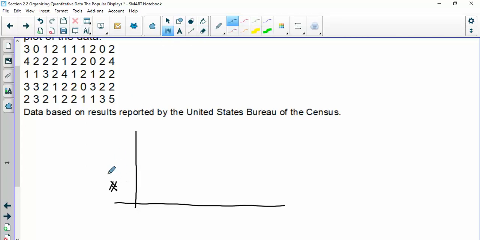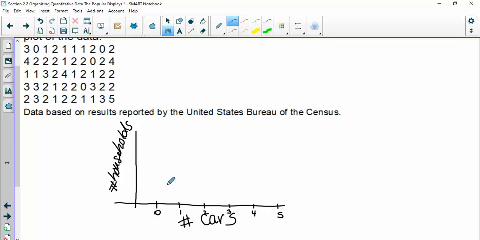The y is the number of households that had that. So my options for the number of cars, I could have had 0 cars, 1, 2, 3, 4, or 5.